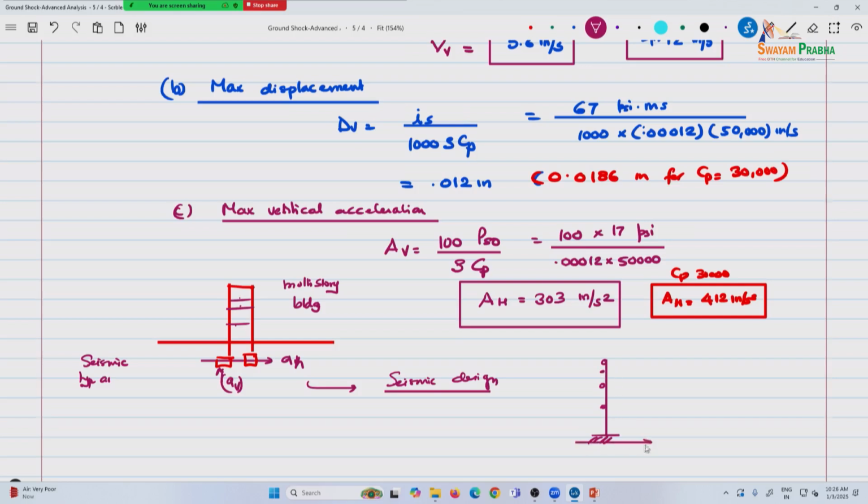And if you have your AV for AH, for example, you're going to have what is known as an equivalent static, linear static analysis you can do. So these are the forces F1, inertial forces F2, F3. These are from seismic design principles.